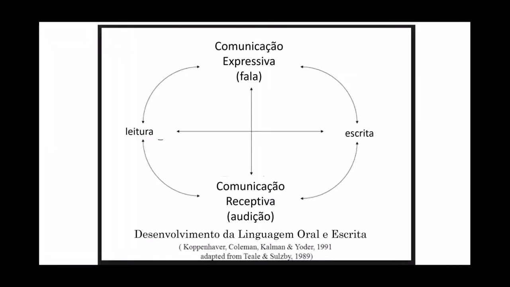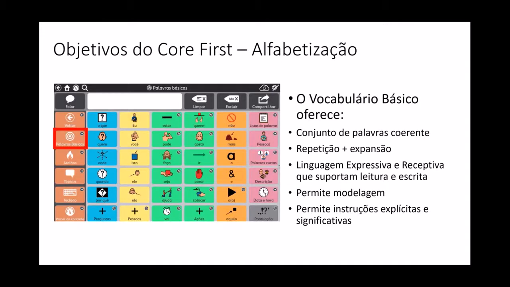And we often use this diagram to show how communicating and listening and reading and writing are all tied together, and there is no hierarchy of how we teach it. It all comes together. So what we did with Core First is we provided those high frequency words. And this is based on a lot of research. This is based on research that tells us what are the most common words in our language.